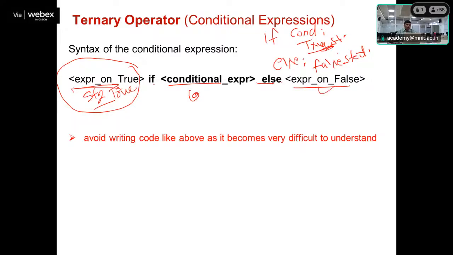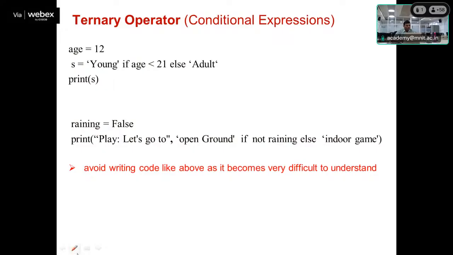But we should remember that when writing a program, we should avoid writing code in the ternary operator style, because it will sometimes be difficult to understand. So we should avoid it. Okay? An example we can see in this slide: age is 12.